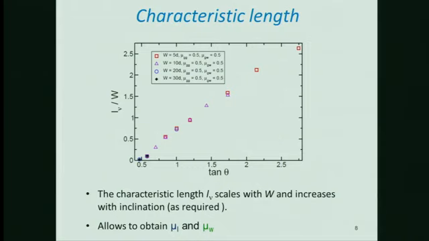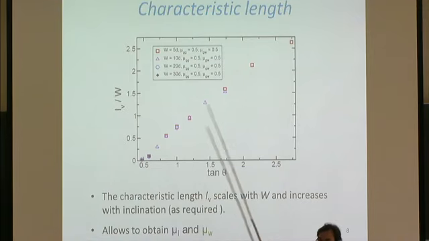The characteristic length varies with the width too. And if we draw the ratio L nu over W for the different values of the angle, we have a nearly linear relation, as it should, because in fact L nu is directly proportional to the thickness of the flow.